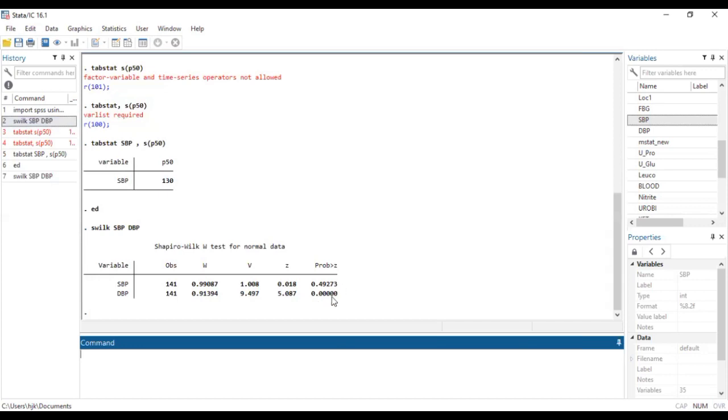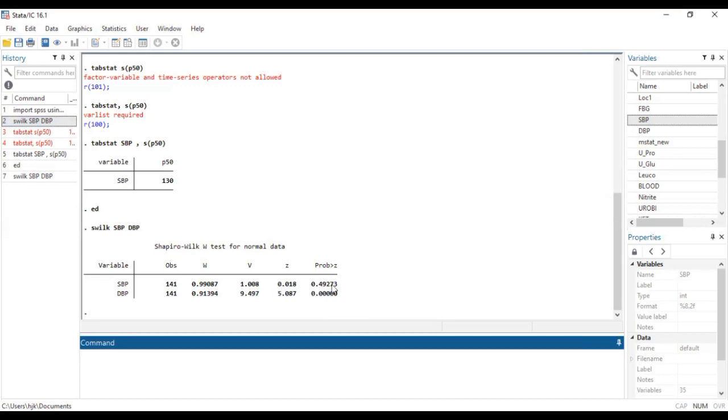However, the diastolic blood pressure is statistically significant, and so we can reject the null hypothesis that it is not different from a normally distributed data. So this is different from a normally distributed data. So diastolic blood pressure is not normally distributed, whilst systolic blood pressure is normally distributed.